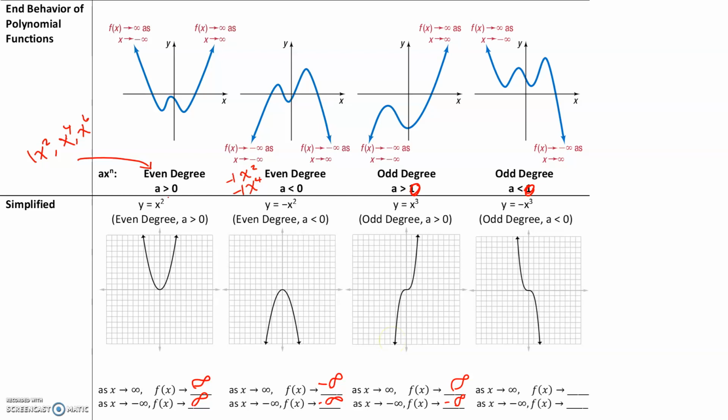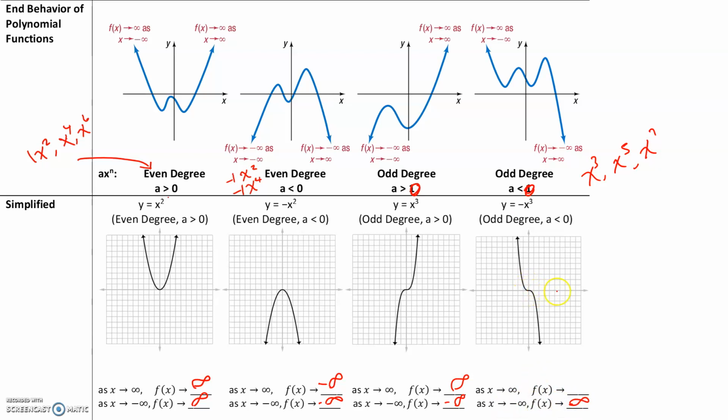Let's say we have an odd degree, like x to the third, x to the fifth, x to the seventh, etc., but the coefficient is negative. In that case, as x approaches negative infinity, so as x gets smaller and smaller, the graph gets bigger and bigger. So as x approaches negative infinity, the graph approaches infinity.